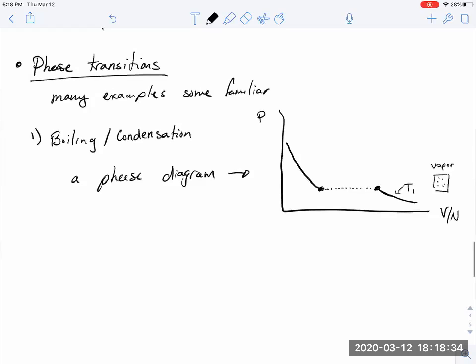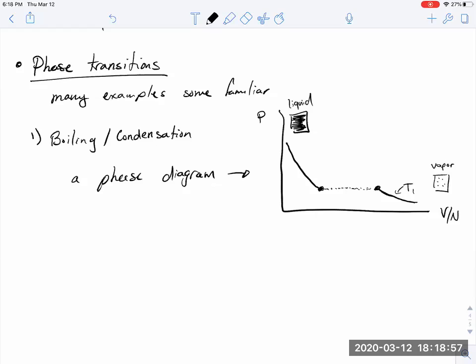That abrupt change, an example of condensation, takes that vapor at high volume, or low density, to another state of matter that exists at high density, and that's what we mean by a liquid.